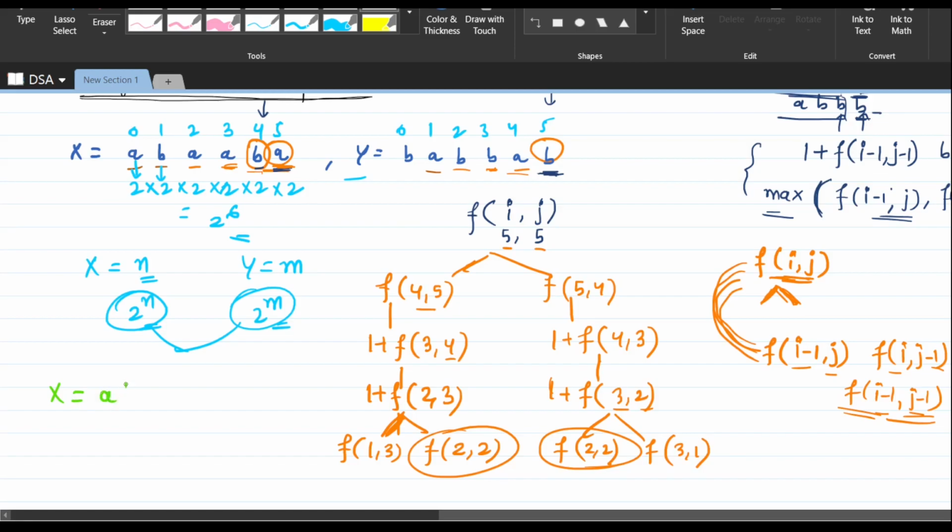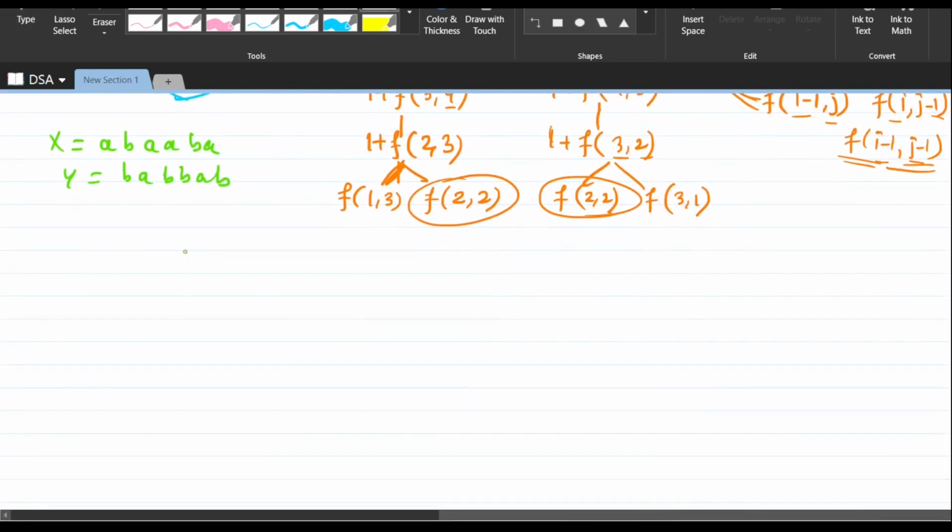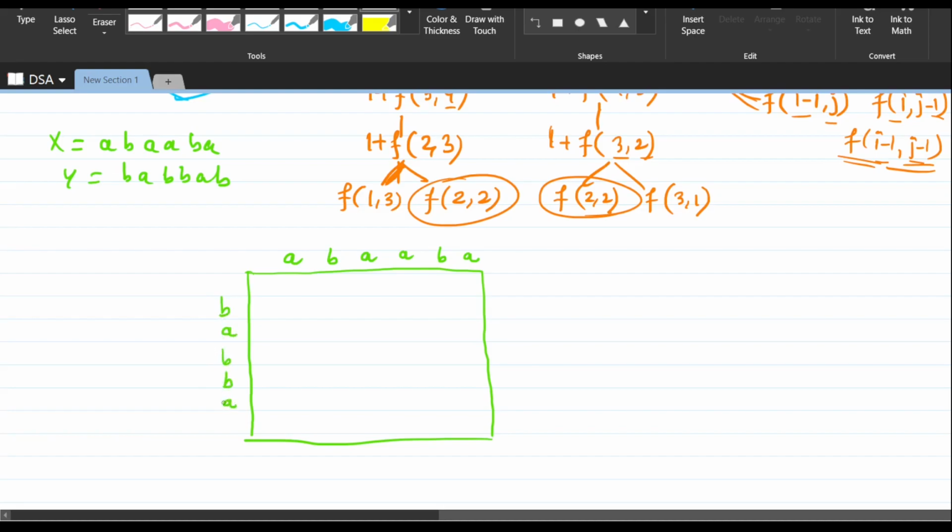I have x as a b a b a, and y as b a b b a b. Okay. So let me make a matrix here. So it will be a b a b a, and here I have b a b b a b. Okay, and this is the empty string, and this is empty.